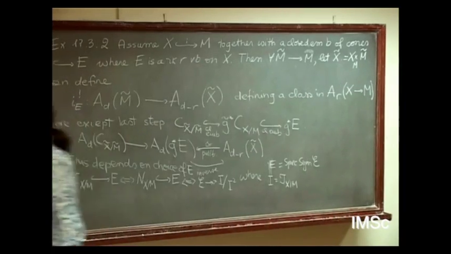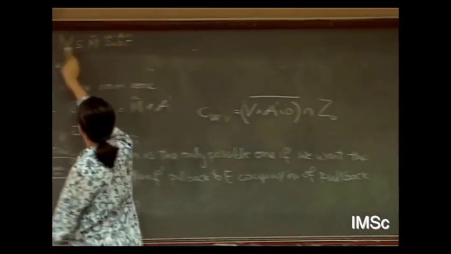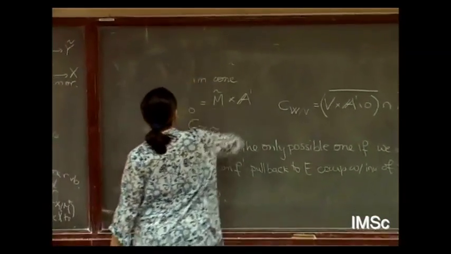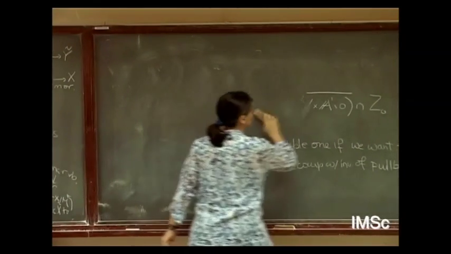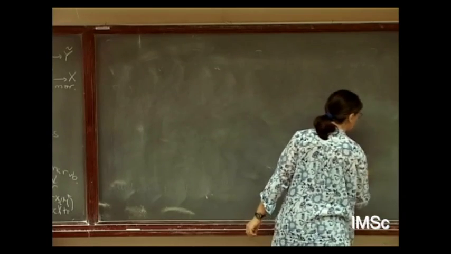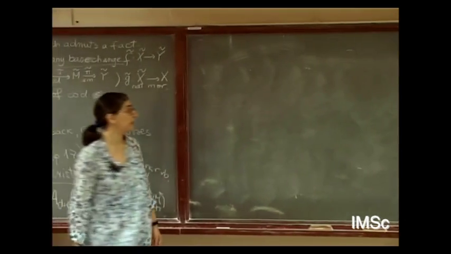So let me ask one more natural question at this point, actually two more natural questions. And we'll see how answering these will eventually also lead to an answer to this question here.